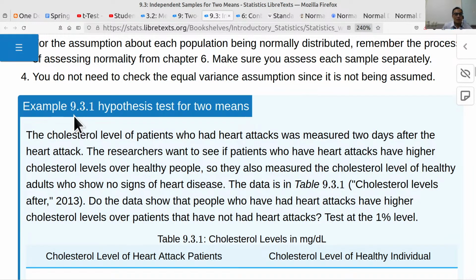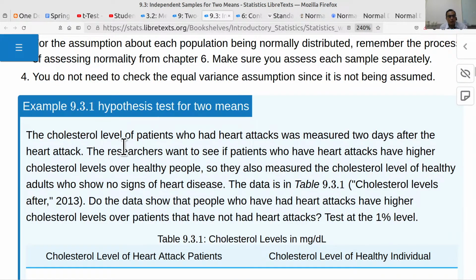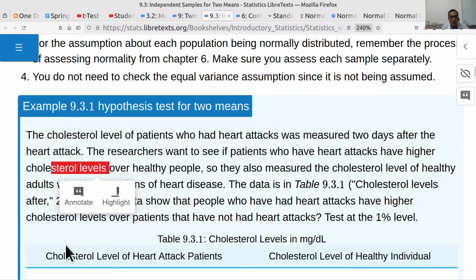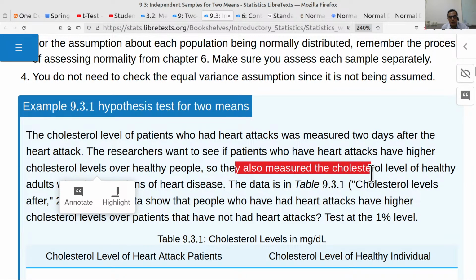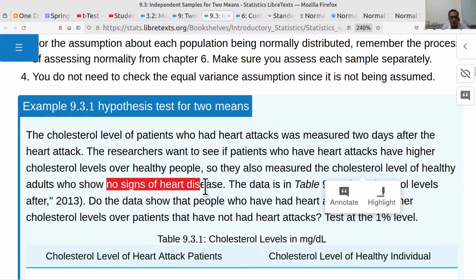Then here, example 9.3.1, hypothesis test for 2 means. And here, the cholesterol level of patients who had a heart attack was measured 2 days after the heart attack. The researchers want to see if the patients who have heart attacks have higher cholesterol levels than healthy people. So they also measure the cholesterol level of healthy adults who show no signs of heart disease.